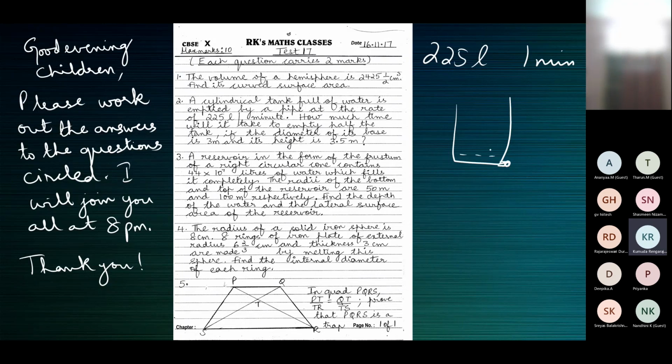When you need to store water in the cylindrical tank, this one is closed. When you let this one open and allow the water to flow out, if you let this outlet open for 1 minute, then 225 liters of water from the tank will flow out. If you let it open for 2 minutes, then 450 liters of water will flow out.